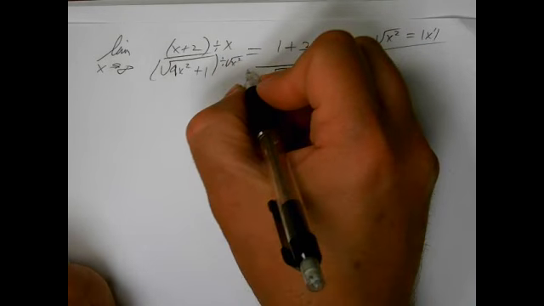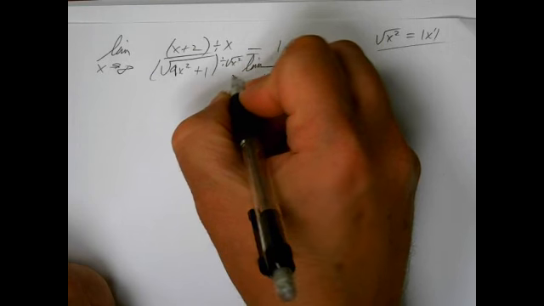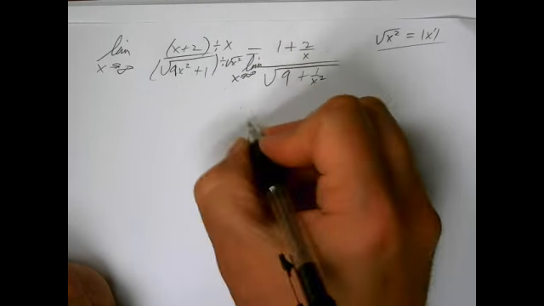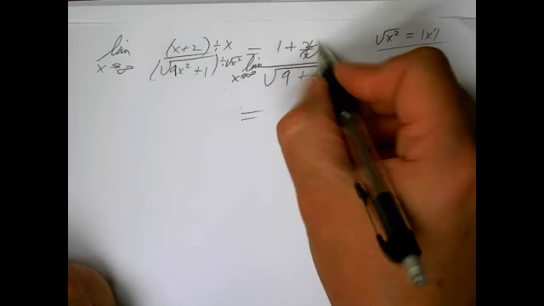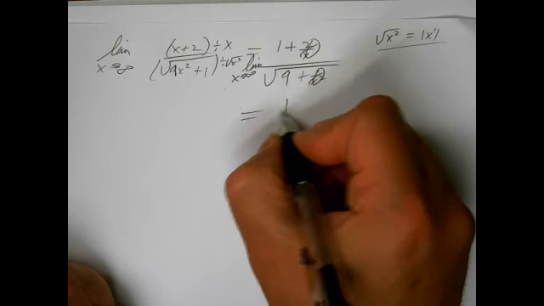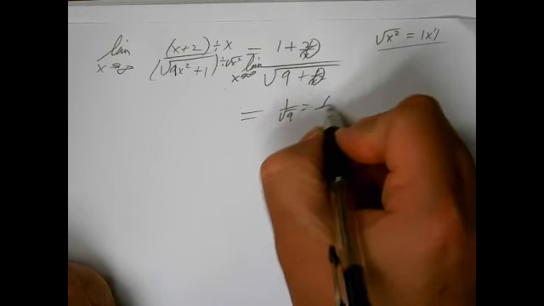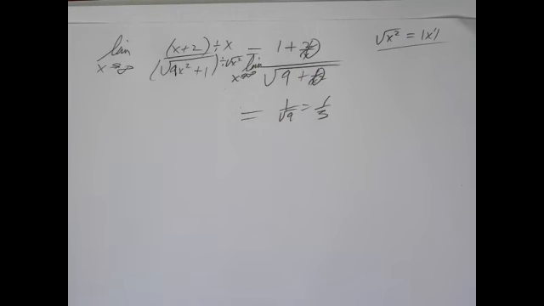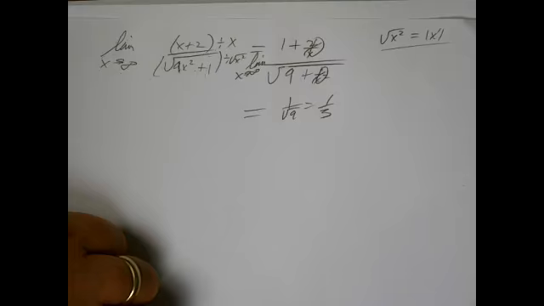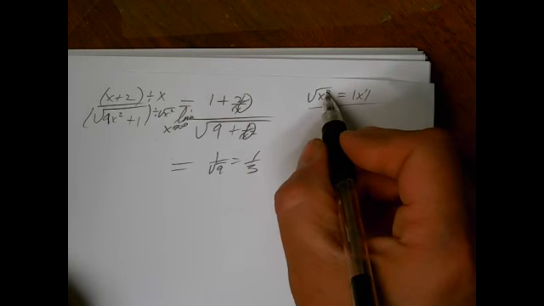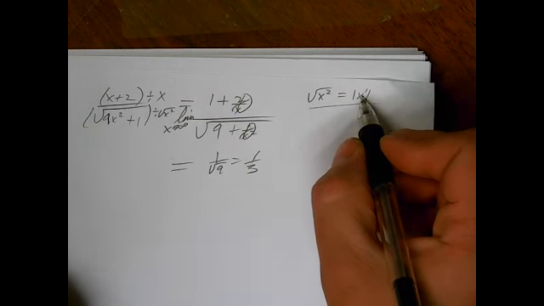And again, don't forget your limit notation, which I almost did. This turns into a 0, this turns into a 0, that's 1 over the square root of 9, which is a third. So the ones with the square roots are pretty straightforward, as long as you remember that the square root of x squared is absolute value of x.